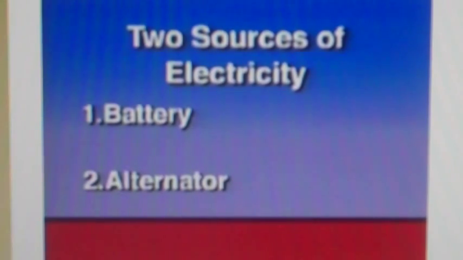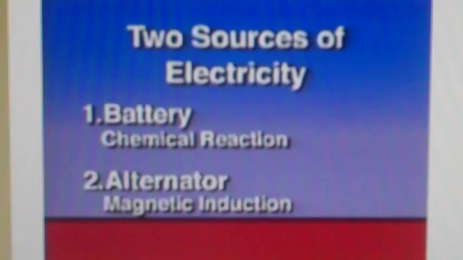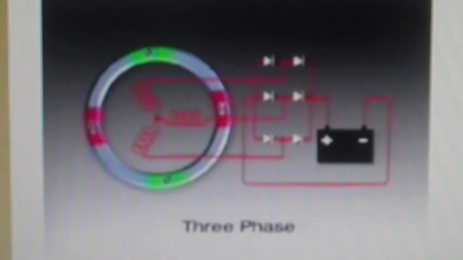The battery produces electricity through a chemical reaction. The charging system employs an alternator which produces electricity using magnetic induction. This magnetic induction is provided in one of 2 ways, through permanent magnets or electromagnets.